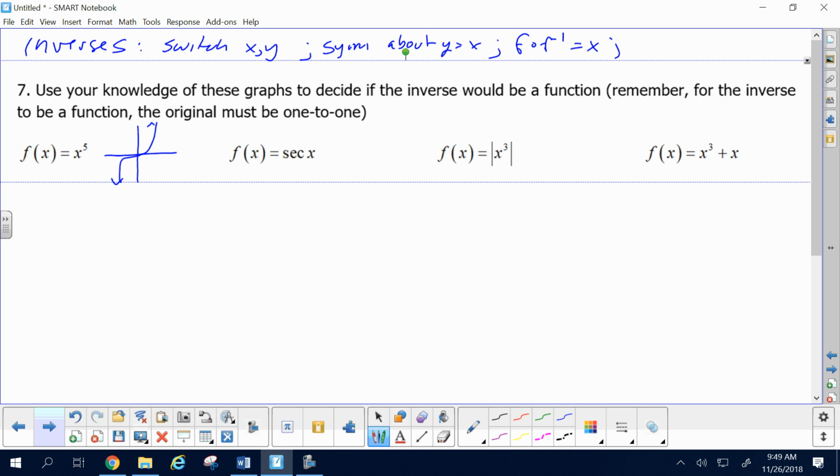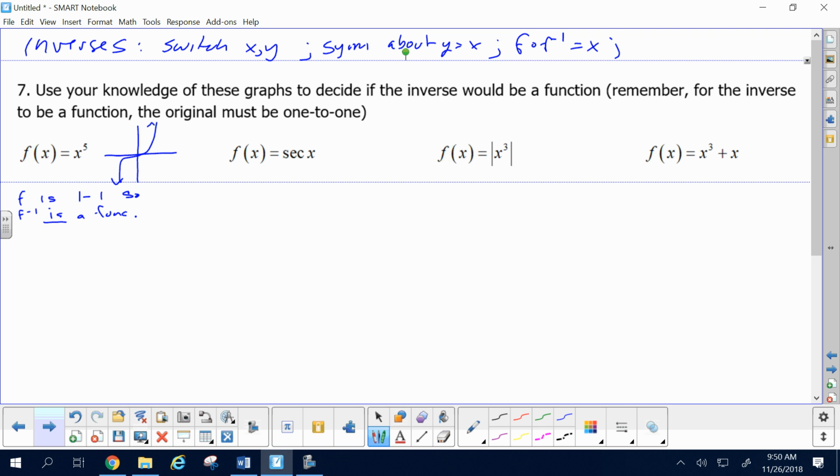Okay? So, is that one-to-one? Yeah, it passes the horizontal line test, okay? So, f is one-to-one, so f inverse is a function. Okay, that's what we're looking for.